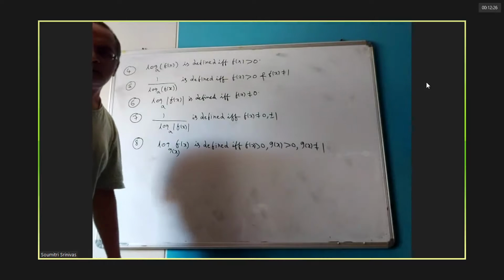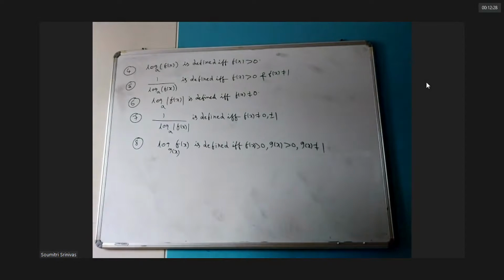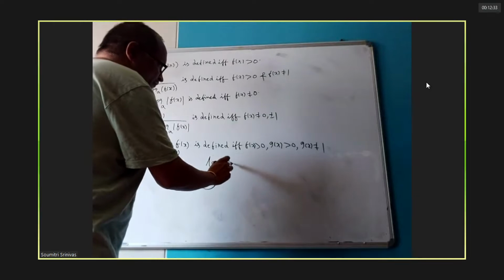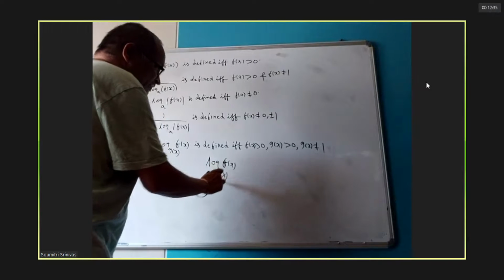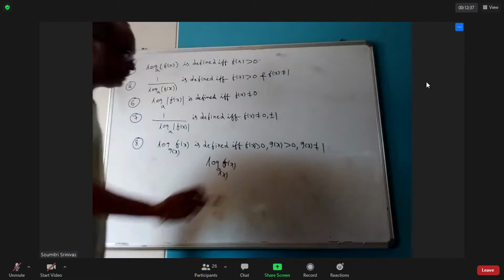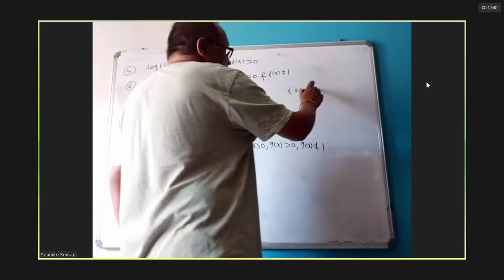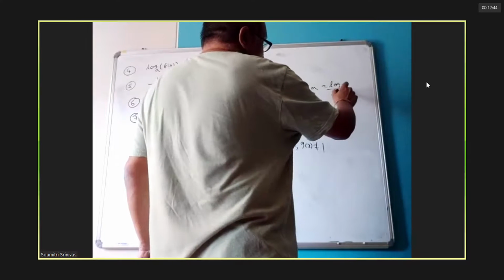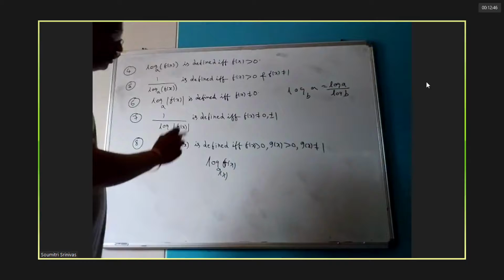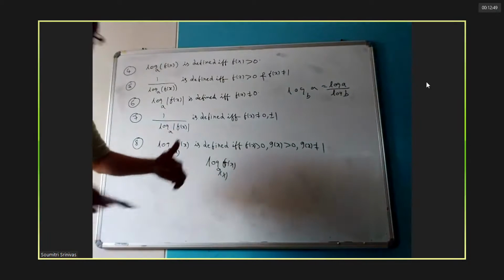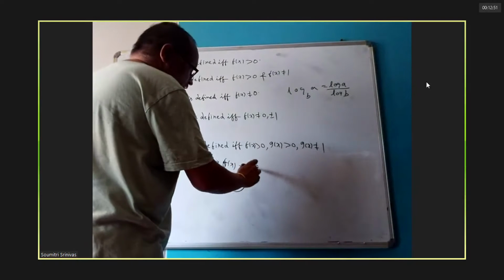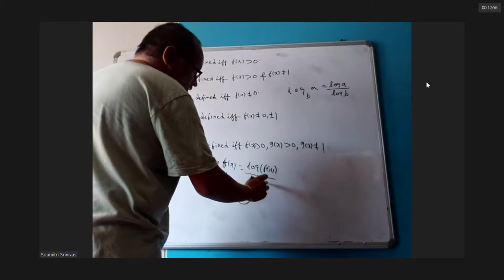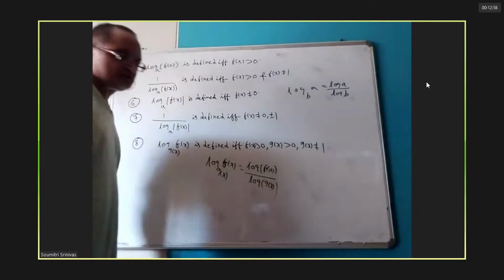Whenever, remember, what is the other name of log of f of x base g of x? What is log a to the base b? Log a by log b. Therefore, log f of x base g of x means log of f of x by log of g of x.